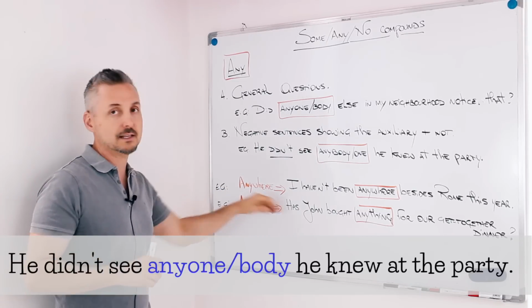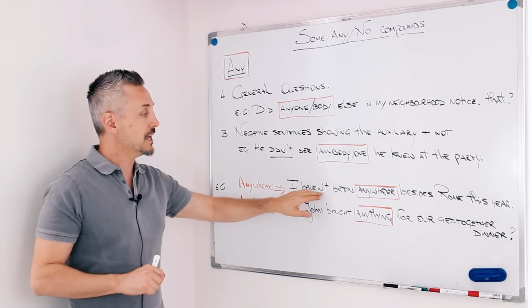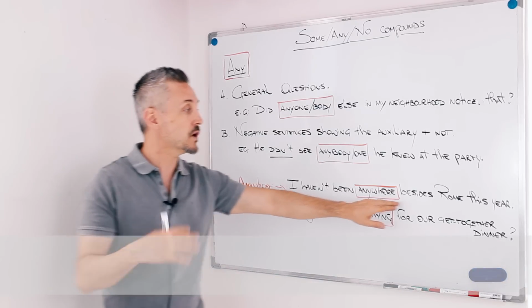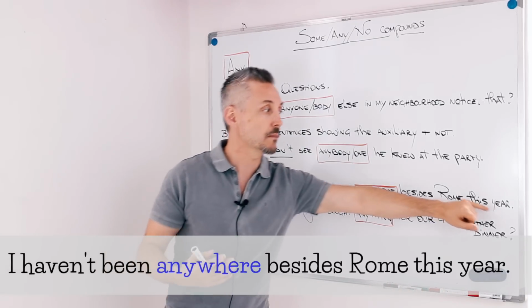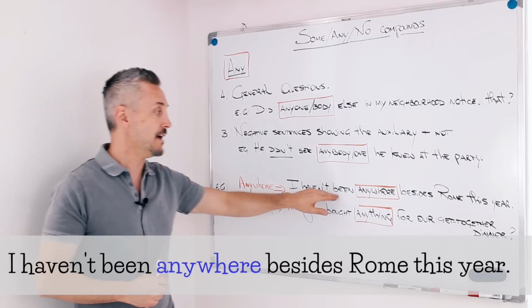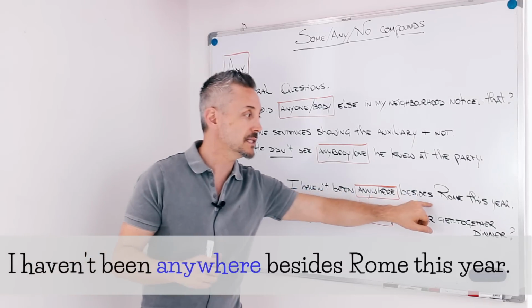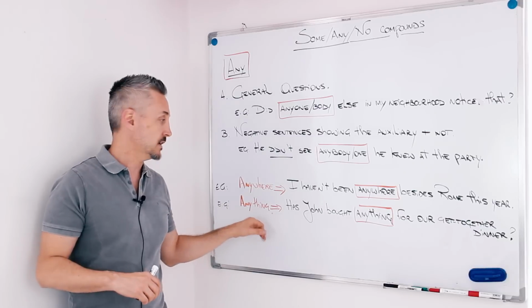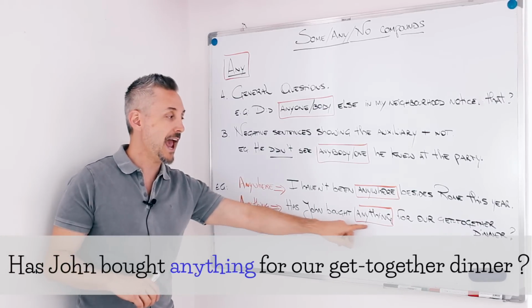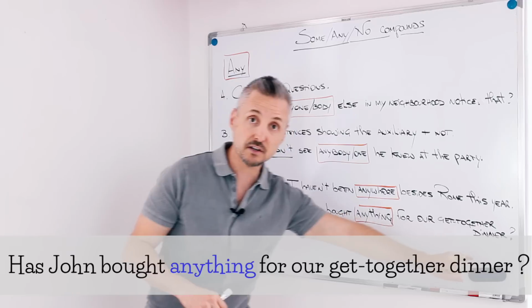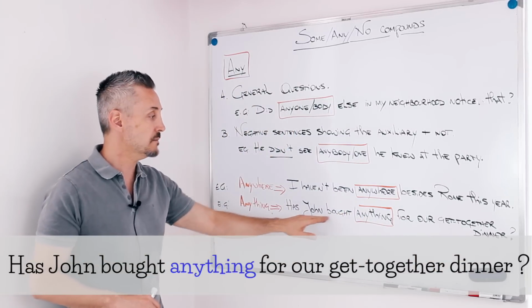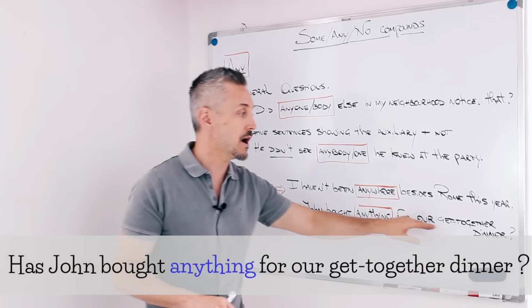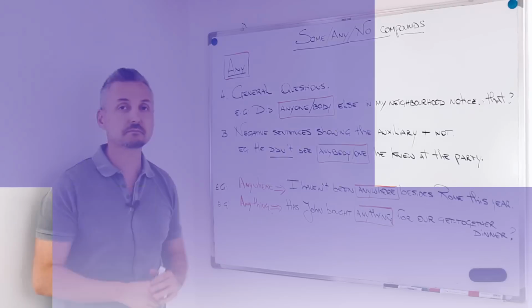So, like in these examples, I haven't been anywhere besides Rome this year. With anything: has John bought anything for our get-together dinner?